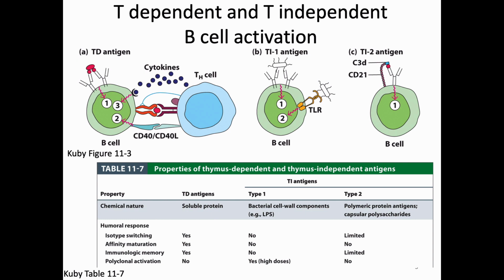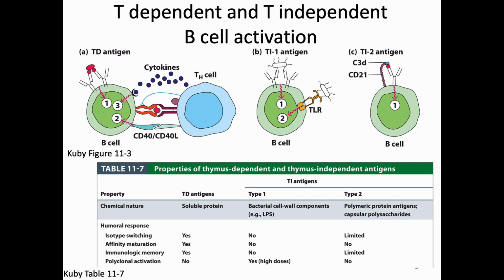So if you recall when we talked about what could be an antigen for a B cell, we said proteins, or nucleic acids, or lipids, or carbohydrates can bind to B cells and bind to antibodies. If we have a polysaccharide, a lipid, or a nucleic acid, it can be a T-independent antigen. It cannot be a T-dependent antigen. Only proteins can be T-dependent antigens.